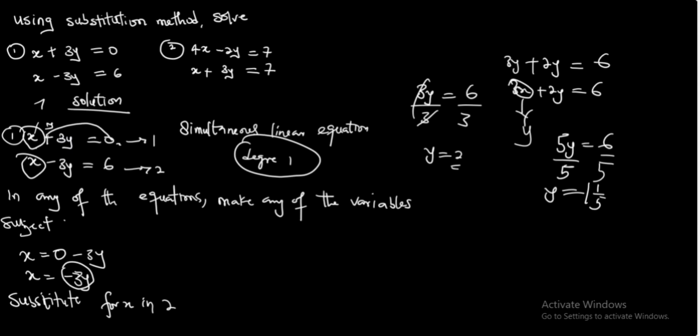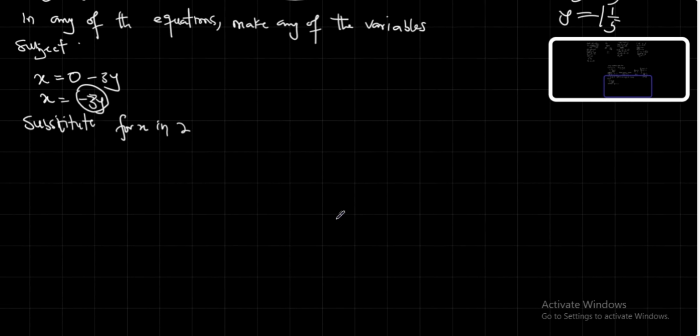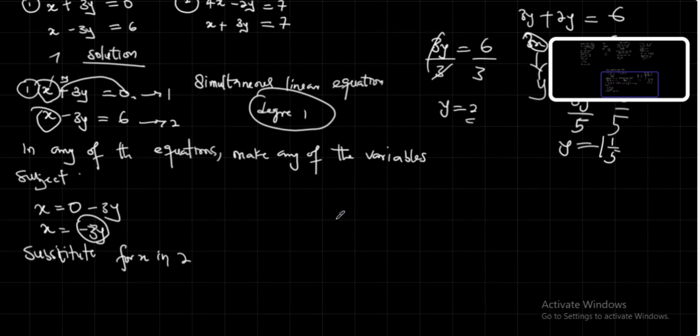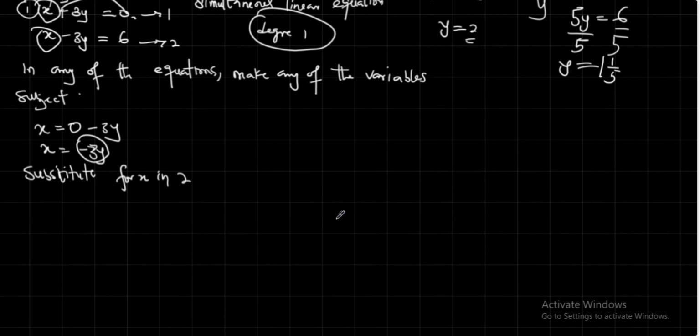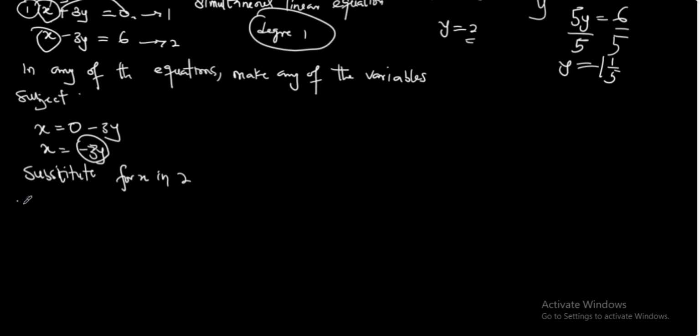So now we have equation 2: x minus 3y equals 6, right? Equation 2 is x minus 3y equals 6. So in place of x now, I will have minus 3y. So I have minus 3y minus 3y equal 6.